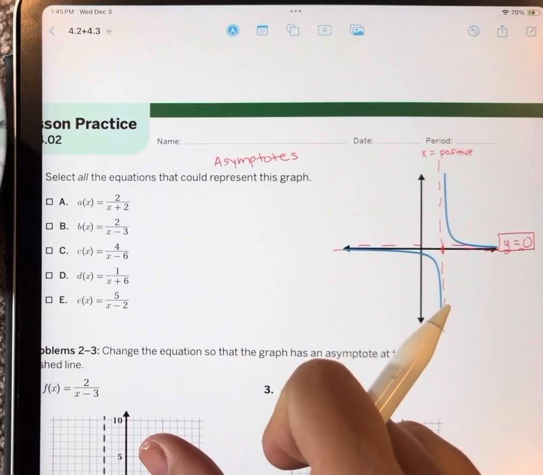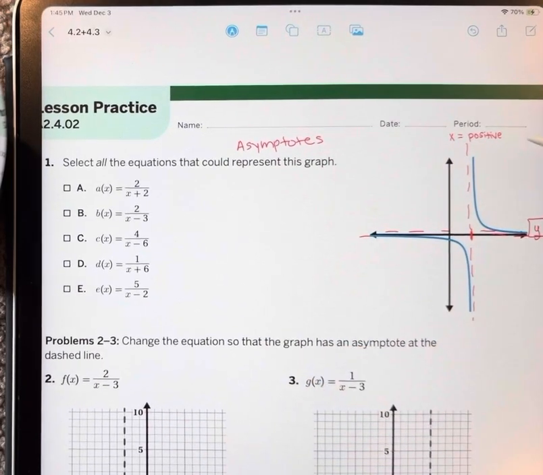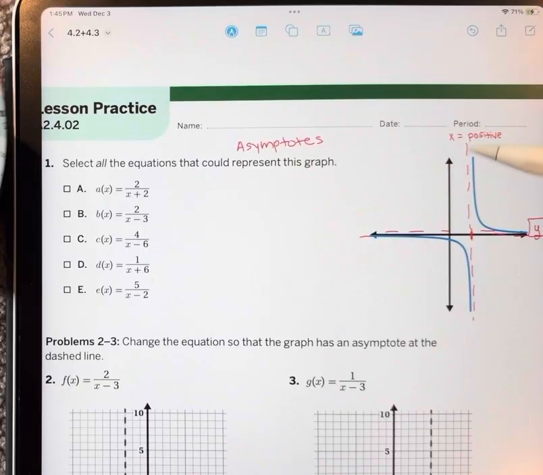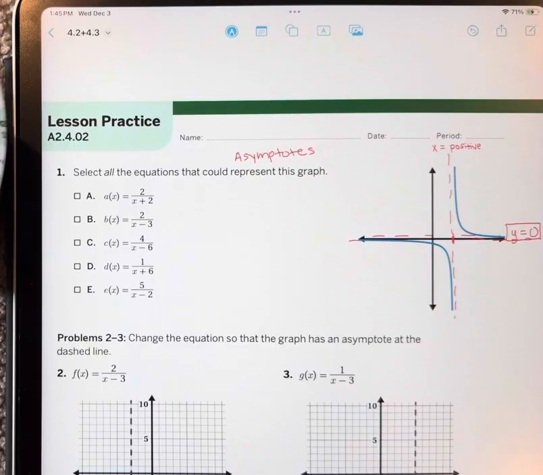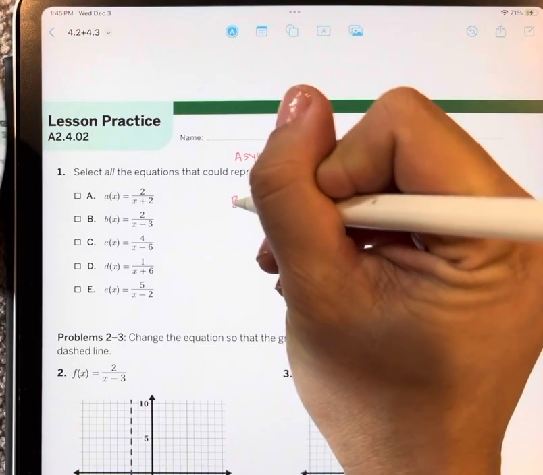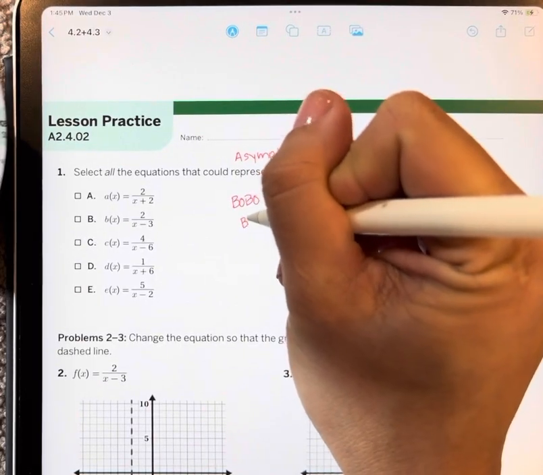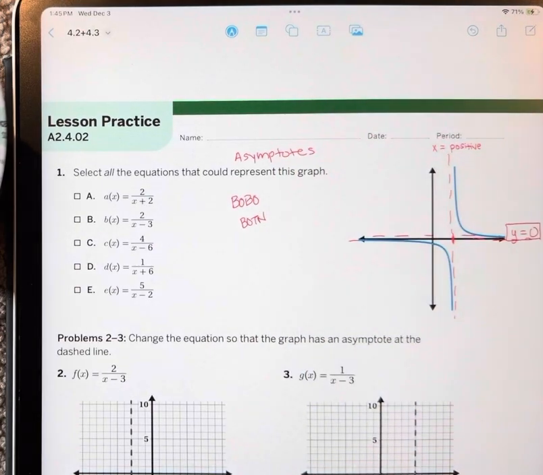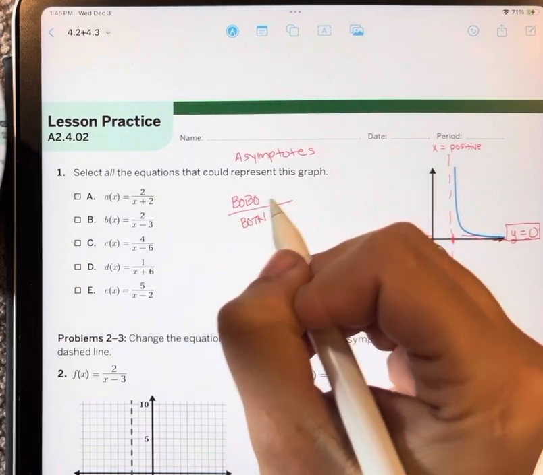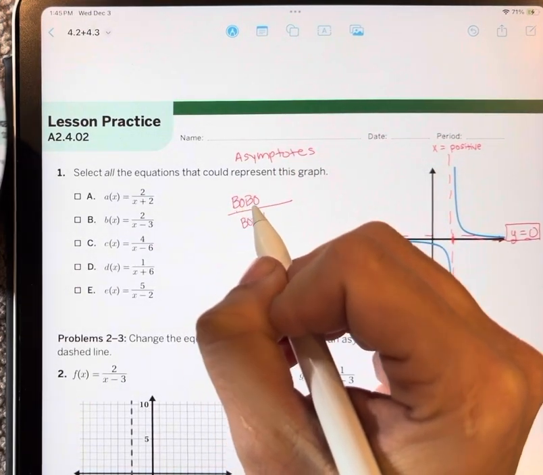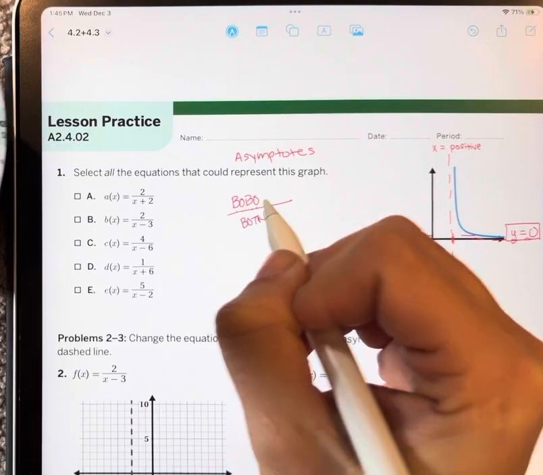Which of these equations has a positive value for the vertical asymptote and y equals 0 for the horizontal asymptote? When we talk to Bobo, Bobo tells us that if the degree is bigger on the bottom, then 0 is the asymptote.